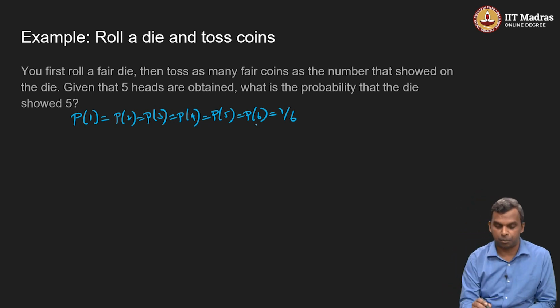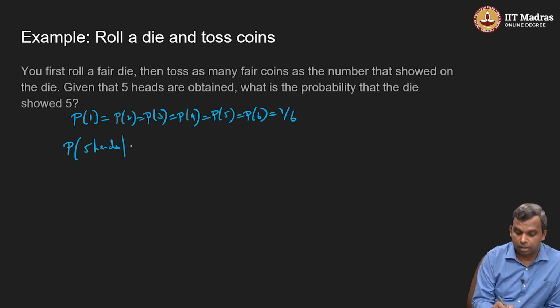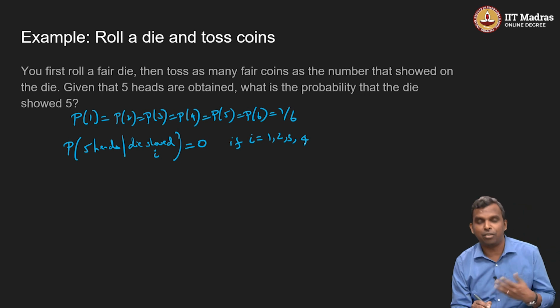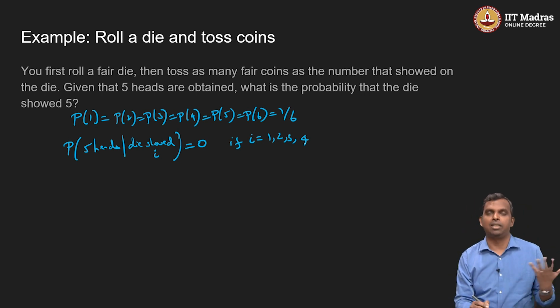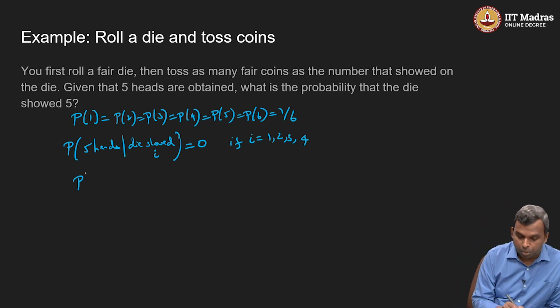And the probability of 5 heads given that the die showed i is 0 if i equals 1, 2, 3, 4. If the die showed only 4, you tossed only 4 coins, there's no way you're going to see 5 heads. So that's not possible.